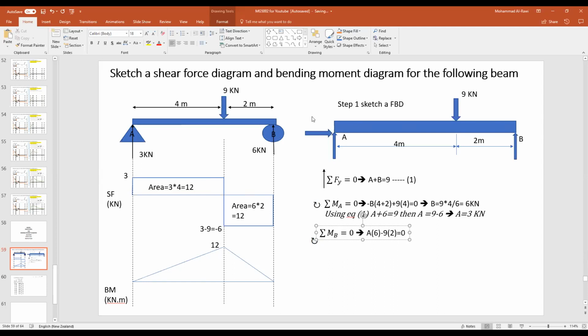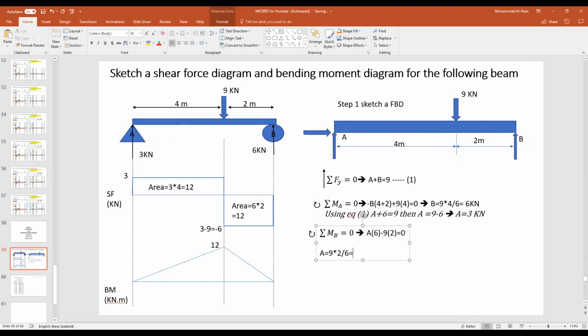Now you say, hey, why didn't you take this force? Because remember, this force passes through that point, and therefore no moment for this force. And that's why we say from the first step, we don't need to consider it at this stage for this example. So after we determine that, now you just need to rearrange the equation and find the value for A. So A is equal to 9 times 2 divided by 6.